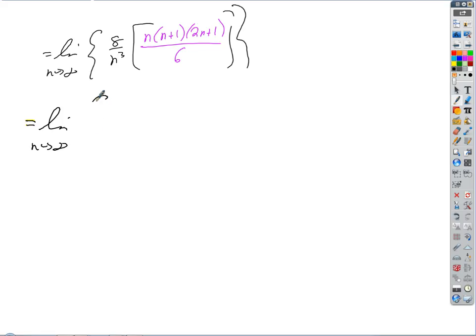If I just expand that out, if I multiply n times 2n plus 1, you guys agree I'm going to get 2n squared plus 3n plus 1, and times n just raises the powers of n. So that's just going to give me 2n cubed plus 3n squared plus n over 6.